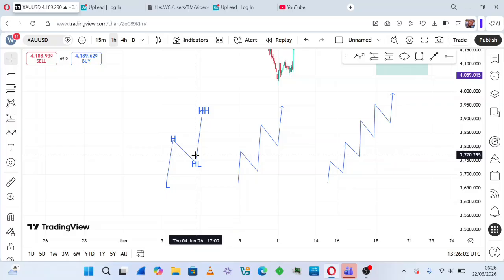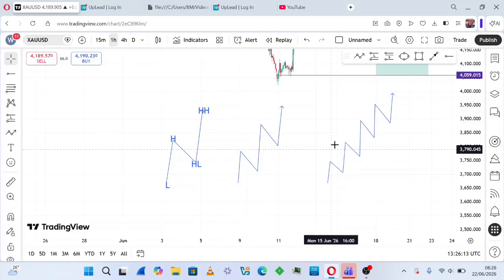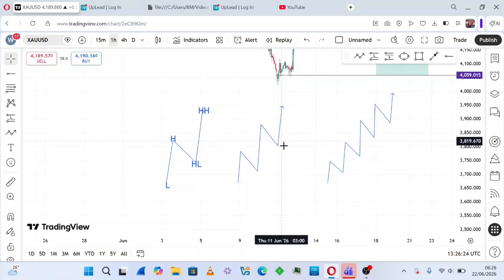After identifying the structure in daily time frame, you need to go to 4 hours time frame to make sure that what daily time frame is saying is the same thing in 4 hours. Then you head to the 1 hour time frame to see if it correlates with both 4 hours and daily time frame.